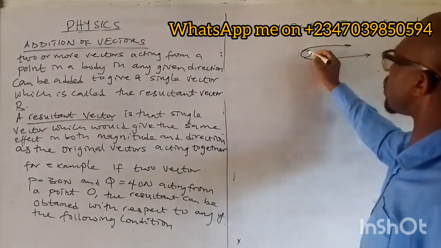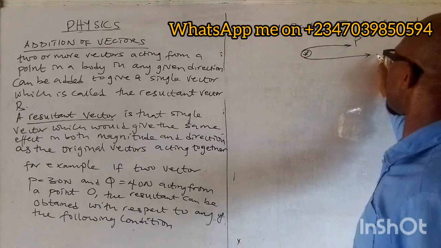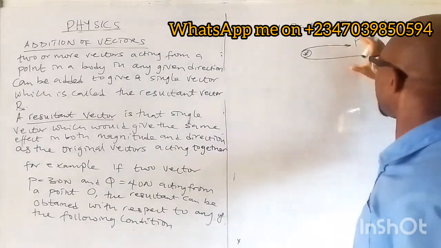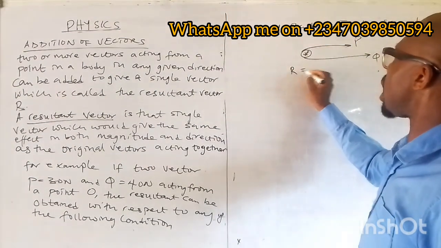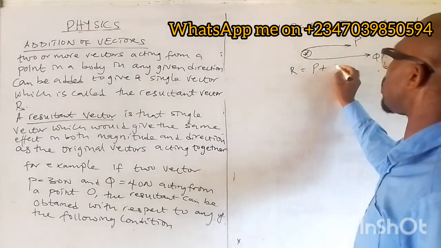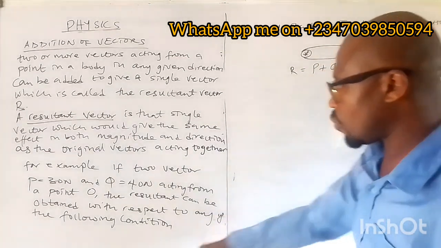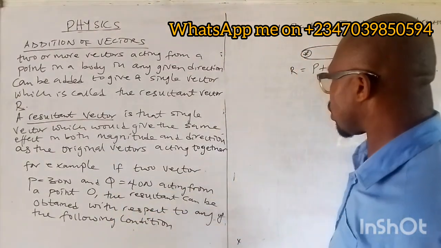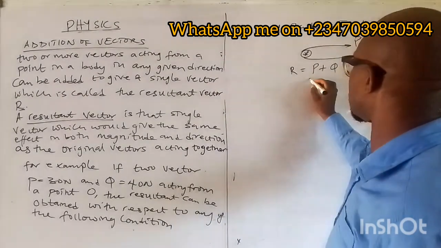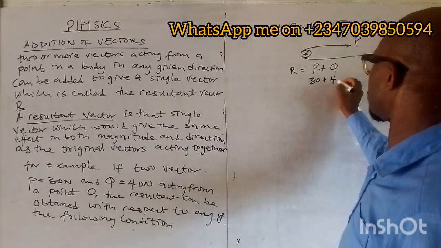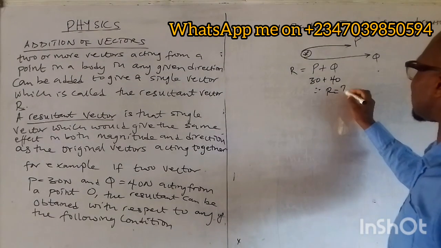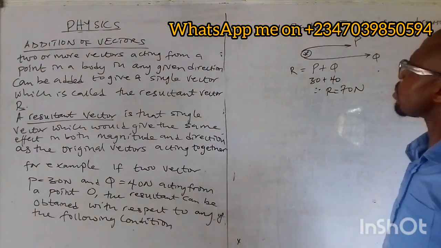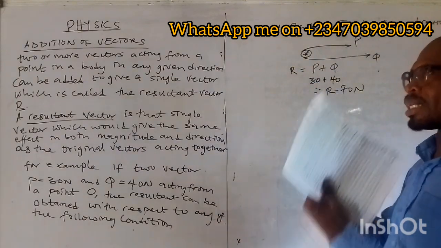These are the two forces, P and Q. Now, the resultant vector R can be obtained. R is equal to P plus Q, where Q is 40 and P is 30. So we have 30 plus 40. Therefore, the resultant vector will give us 70 Newton. This is for case 1, if they are acting in the same direction.